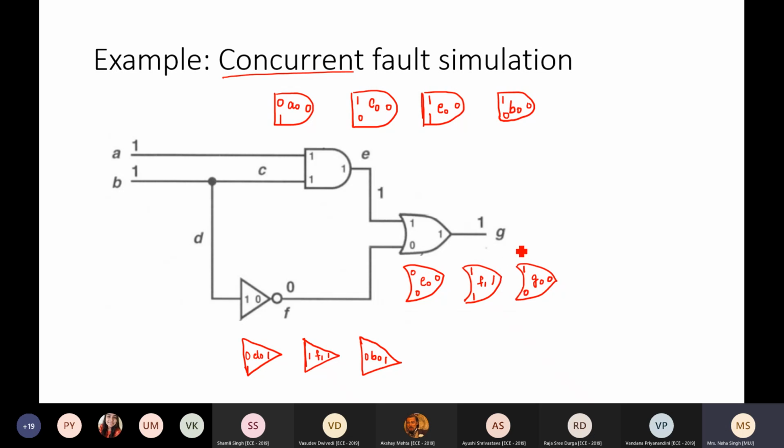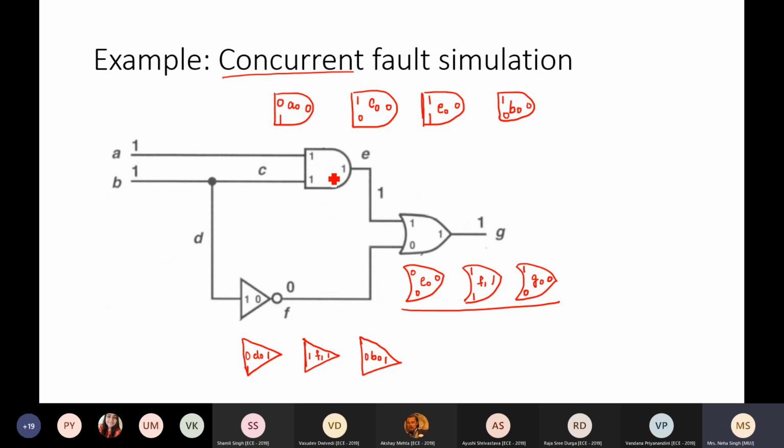ये तो हो गए मेरे local wires. Now extend back to your primary inputs. E की fault कब आ सकती है? Due to the fault in this AND gate as well. So E stuck at 0 can happen when there is a fault at this AND gate.